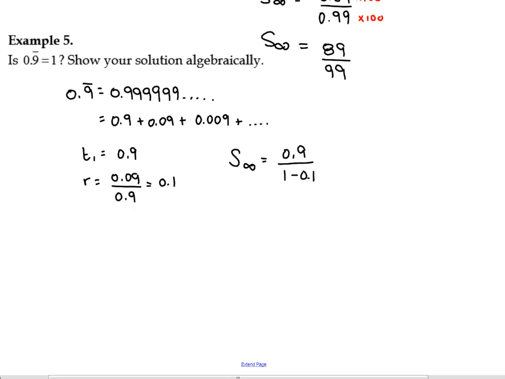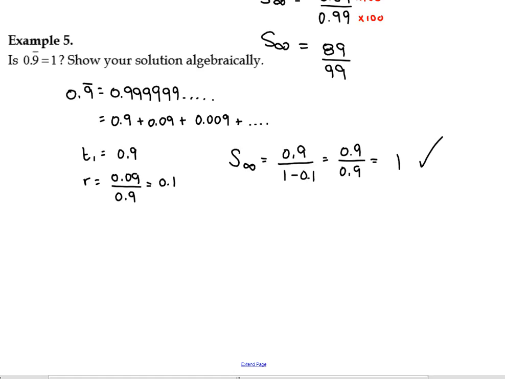Thrilling stuff. 0.9 divided by 0.9. Anything divided by itself is 1. So 0.9 repeating as a fraction is 1 over 1. Isn't that cool? So it actually is.